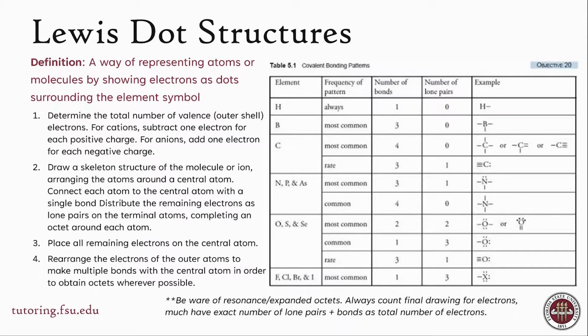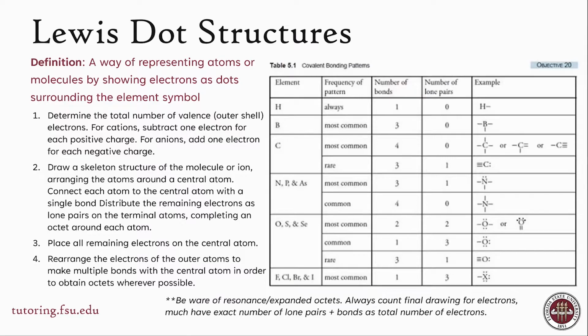So in order to build a Lewis dot structure, you first determine the total number of electrons, the valence electrons. Then you just draw a skeletal structure of the molecular ion of interest, and then you choose a central atom based on the element behavior, and you add the surrounding atoms that are part of your structure.